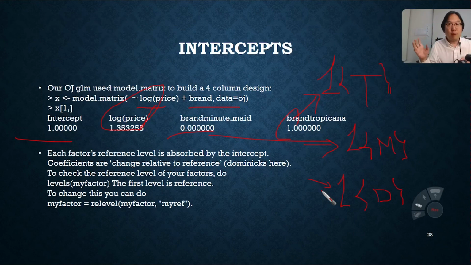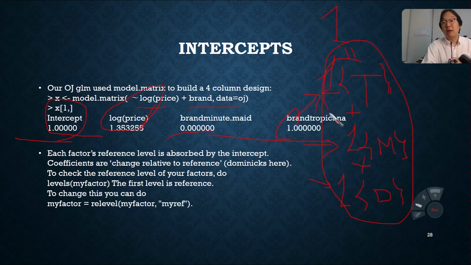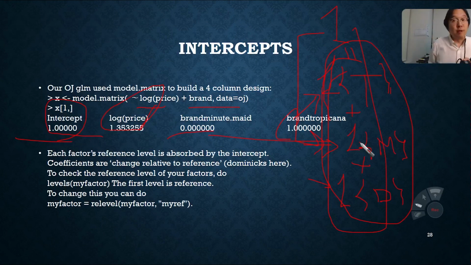So what's the problem over there? If we throw in all these dummy variables of brands, 3 altogether, with this intercept, which is 1, 1, 1, 1, 1 all the way down, what happens? Well, this column of 1s is nothing but the summation of all 3 dummy variables. Aha! That's precisely what we worried about before, called multi-collinearity. This one is a linear combination of the remaining 3. You are in trouble. Your regression will not work.